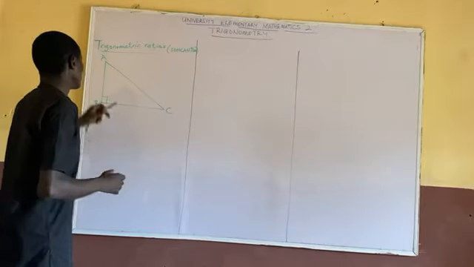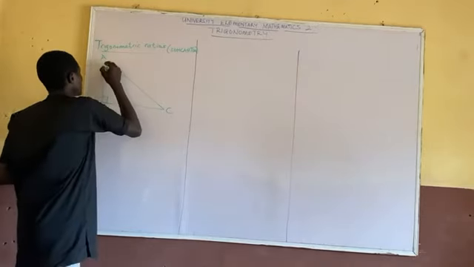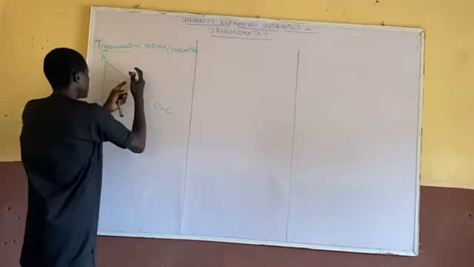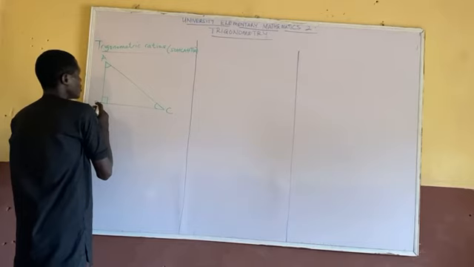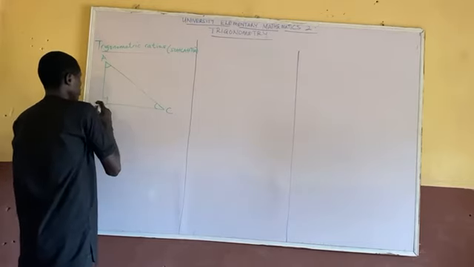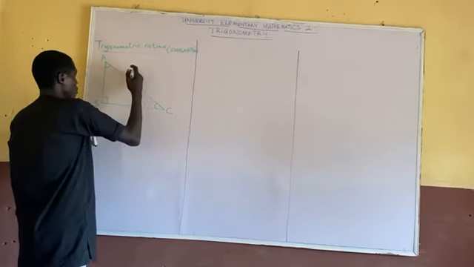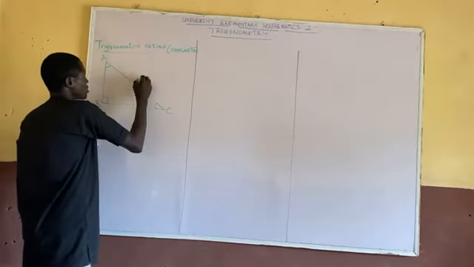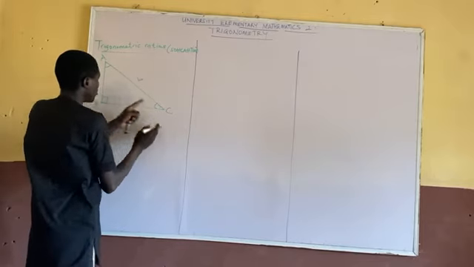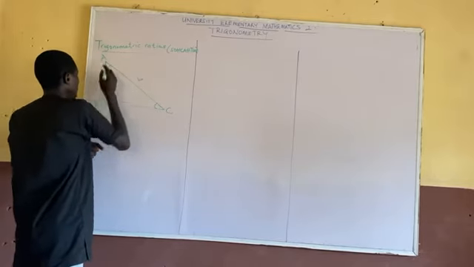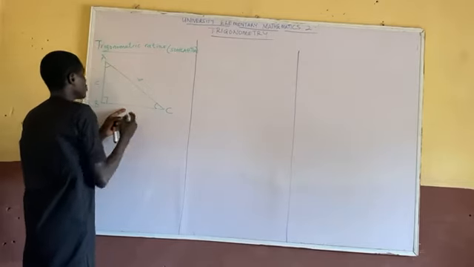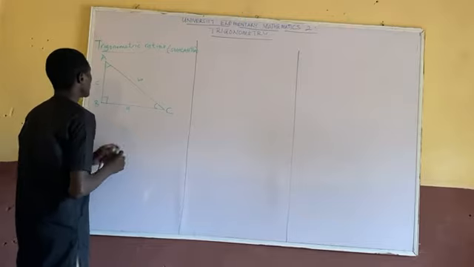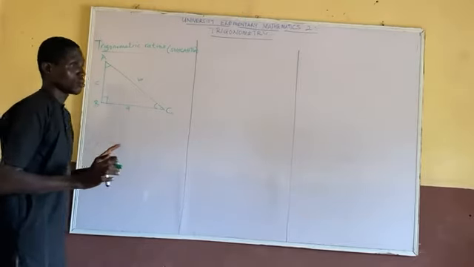Whenever I write capital A, this means angle A, this means angle B, this means angle C. The side that is directly opposite to angle B is what we call side b. The side that is directly opposite to angle C is what we call side c. The side that is directly opposite to angle A is side a.